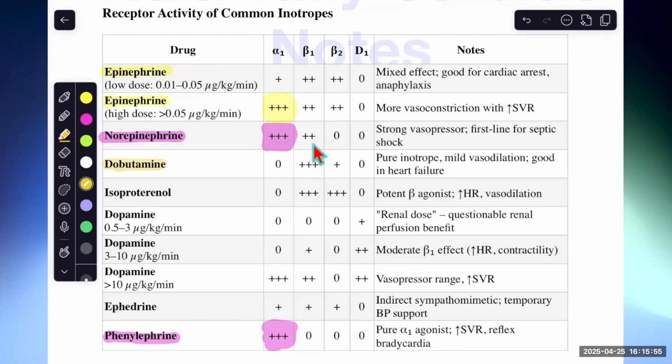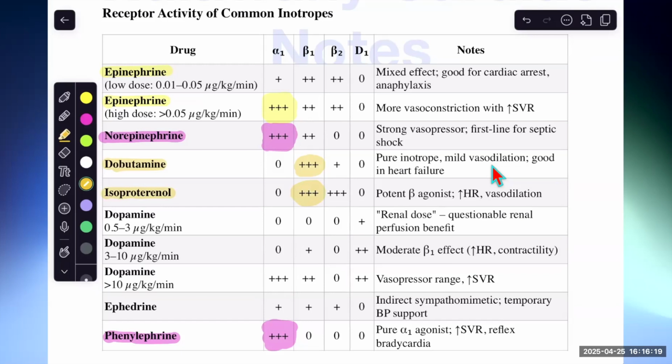As you see, dobutamine is mainly beta 1, but it has some mild vasodilatation, and that's why we call it an inodilator. Who else has this inodilator or vasodilator effect? Isoprenaline.